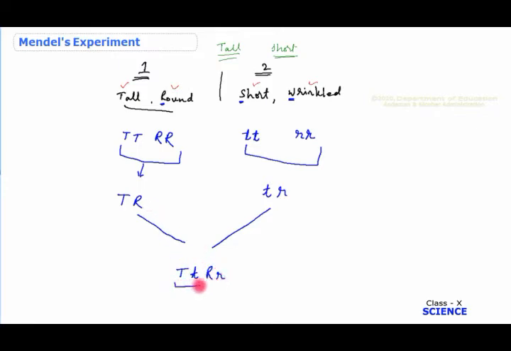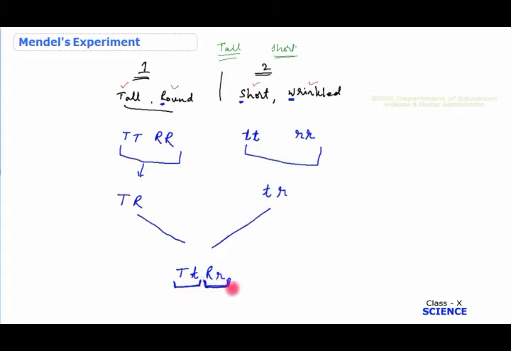So these two, one trait and this is the another characteristic. So you can see here very well, the tallness and shortness are the traits, they are inherited from their parents, and likewise here roundness and wrinkle, both the characteristics or the traits are inherited from their parents.